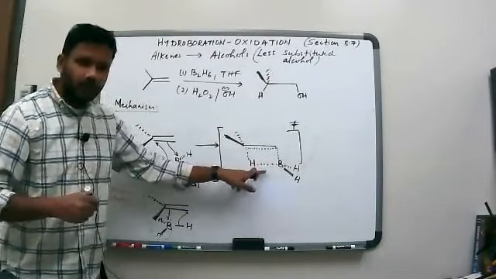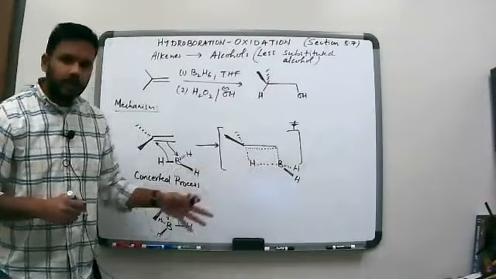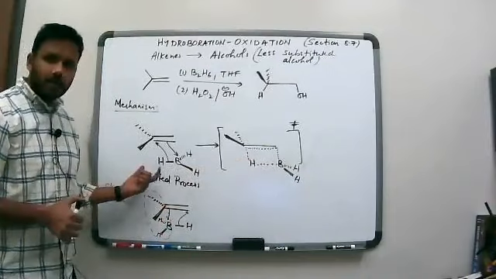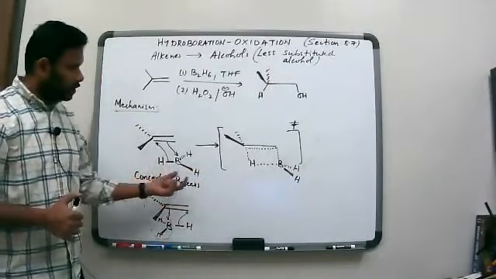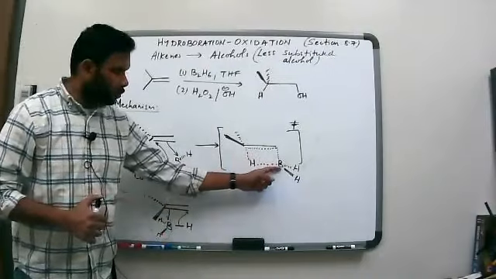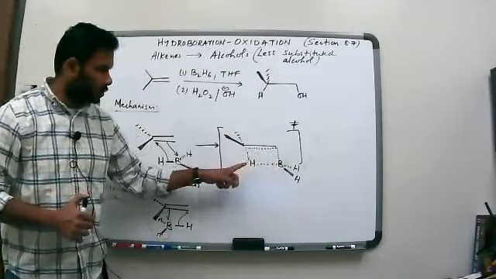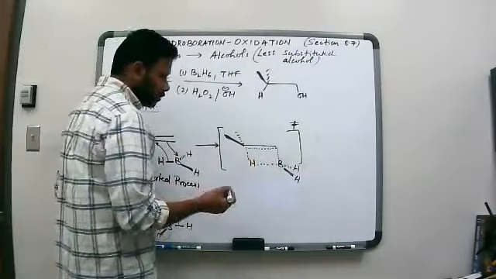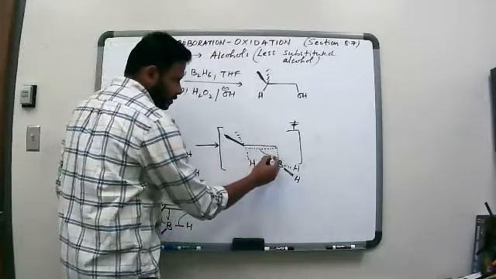So for that reason, when the addition happens, it happens in this orientation, so that the boron goes to the less substituted carbon, the hydrogen goes to the more substituted carbon, and from here this process completes.